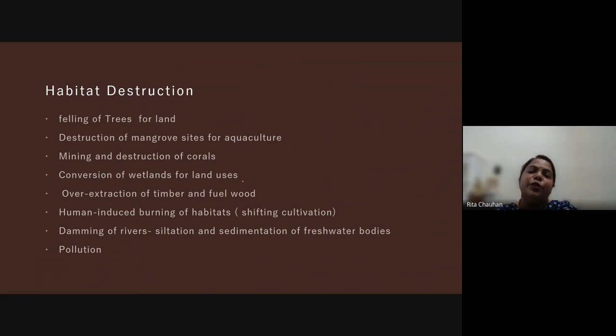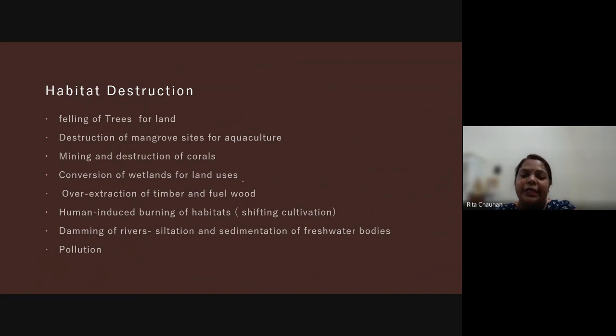This is what we call siltation. You must have seen in rivers small pockets of area having only silt and sediment. Nothing is there. So slowly, because of siltation, water loss will occur and it will affect the entire river habitat.